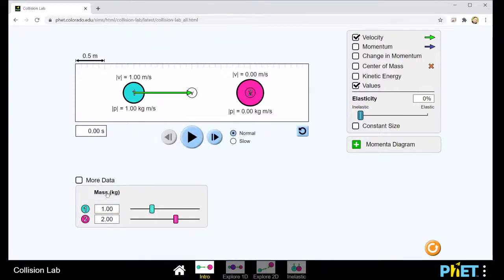Mass 1 is 1 kilogram, and it's traveling at 1 meter per second. Mass 2 is 2 kilograms, and it's traveling at 0.5 meters per second in the opposite direction. Okay?